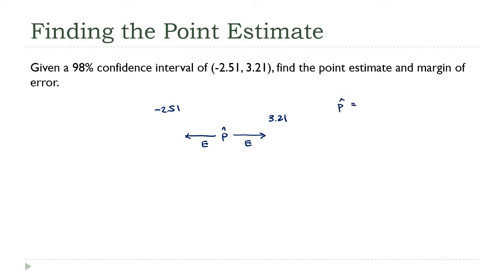P hat is equal to the average of the upper bound and the lower bound. That is 0.35. And now I can find the margin of error just by finding this distance. The margin of error is 3.21 minus 0.35, which is 2.86.